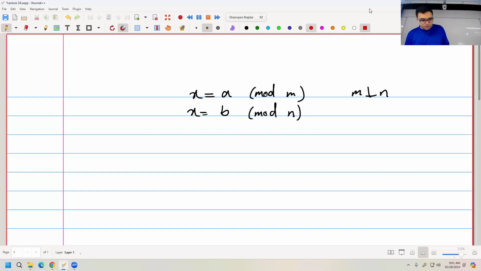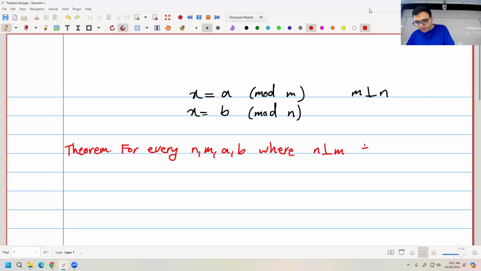So this is what we want to prove. This is our theorem. We want to say for every n, m, a, b, where n and m are relatively prime, there is exactly one number x in the set 0, 1 to nm minus 1.